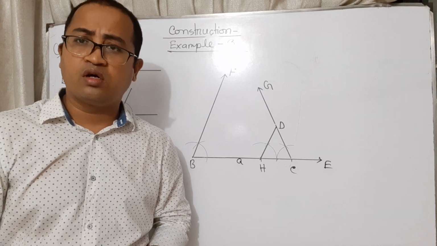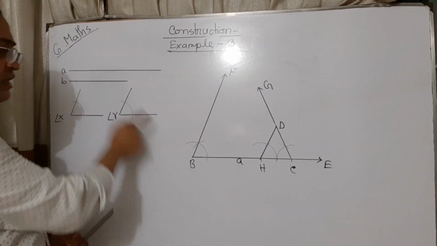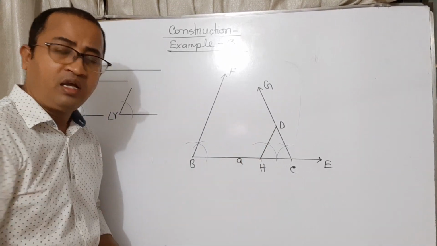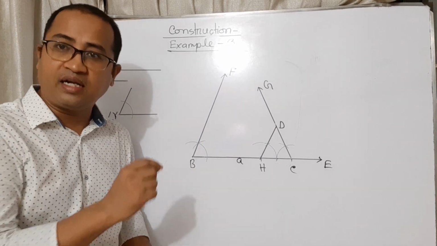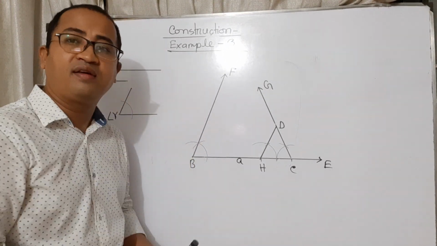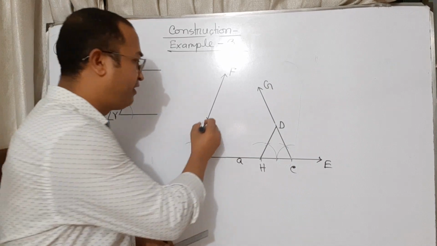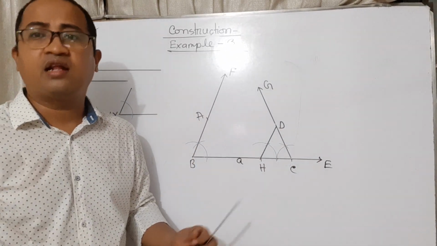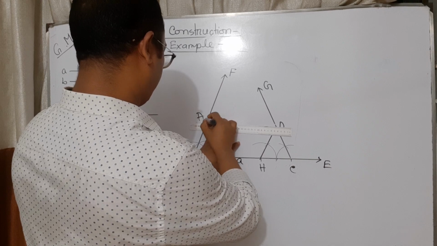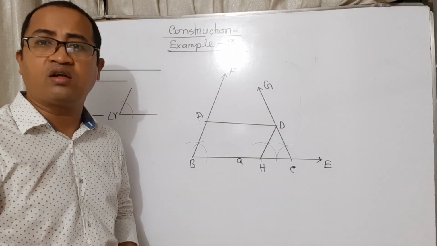Or alternatively, you take the measurement of b, that is BH, and with center D and radius b you draw an arc which cuts the line BF at A. Now join A, D. You will get the other side. So ABCD is our required trapezium.